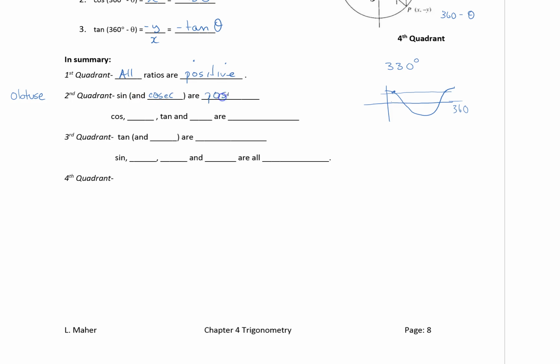They are the two that will be positive. So the sine of an obtuse angle, the cosec of an obtuse angle will be positive, but cos, sec, tan and cot will all be negative.